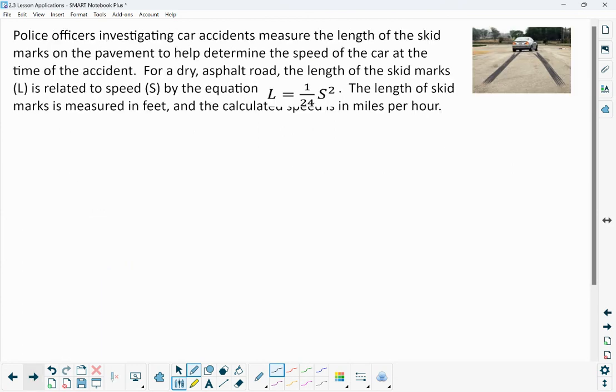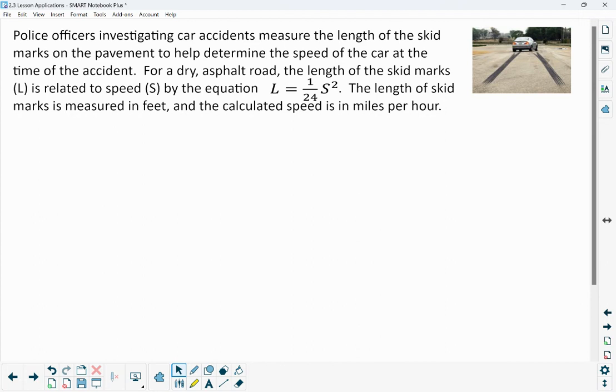Okay, last example involves skid marks. Police use skid mark lengths on pavement to help determine the speed of the car if a car gets into an accident. Depending on the road surface, there are different relationships for the length of the skid mark and the speed.